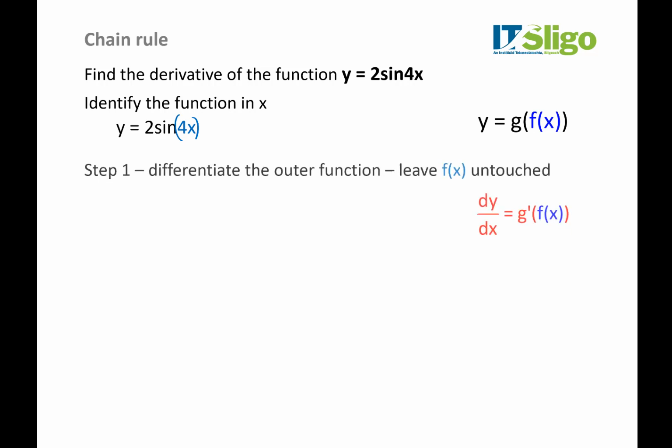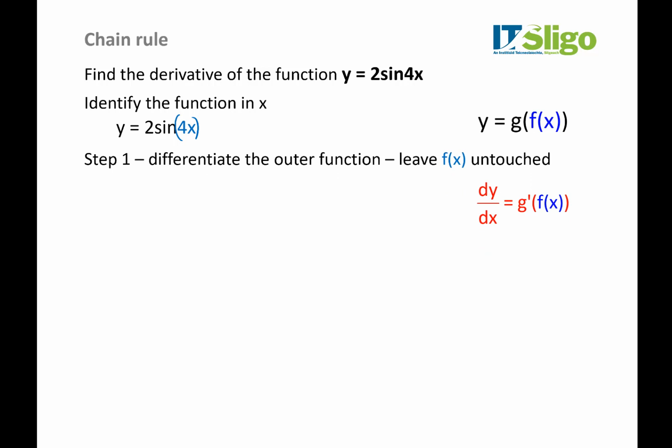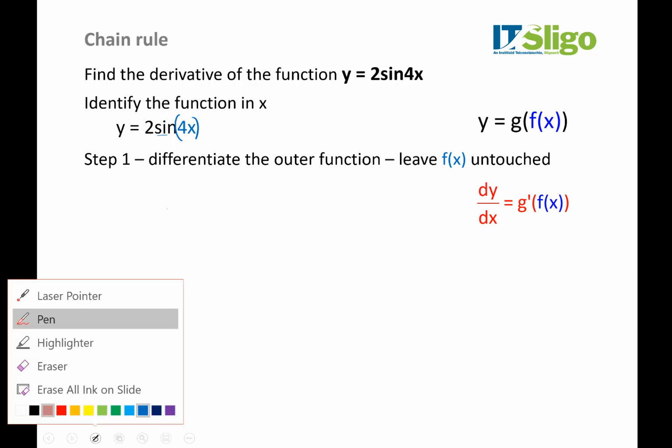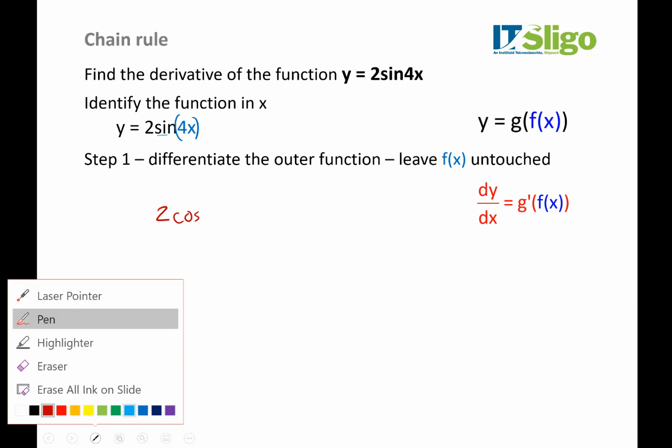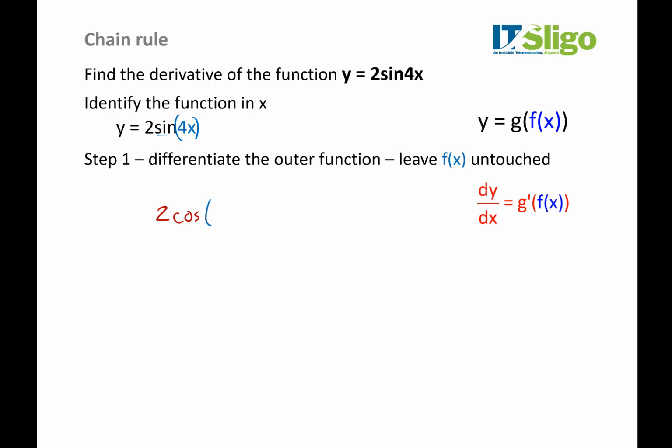Step 1, differentiate the outer function. So we're going to differentiate the 2 sine bit. When we differentiate the 2, that stays where it is. When we differentiate sine, we get cos. Now we leave f(x) alone. So that's step 1.